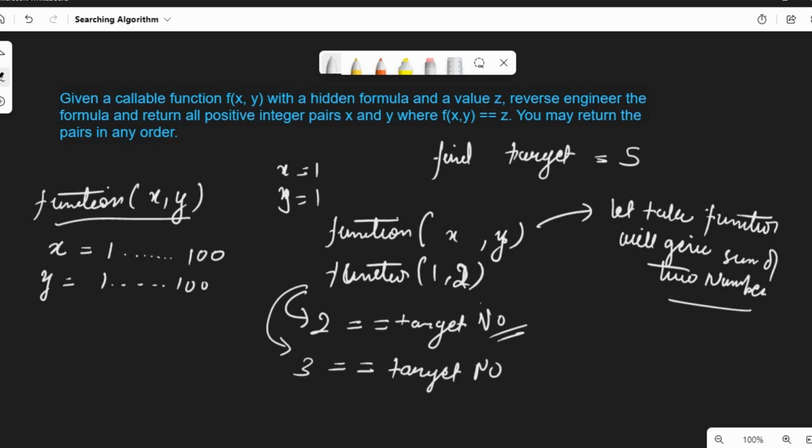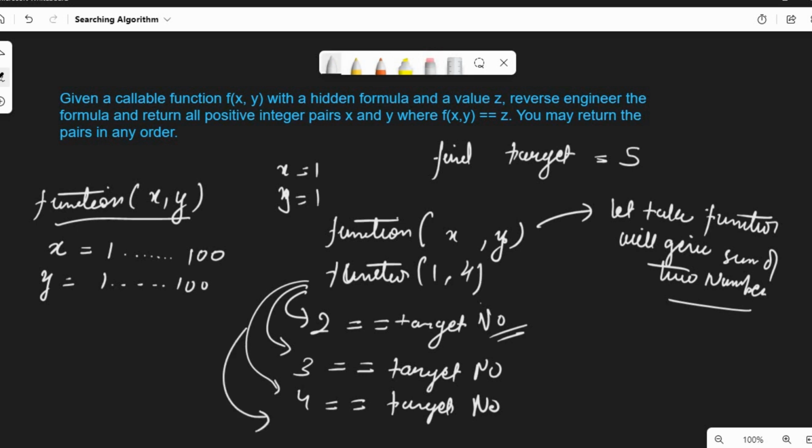Let's take y is equal to 3 now. So this will give 4. Is this equal to target? No. Okay, let's take y is equal to 4.